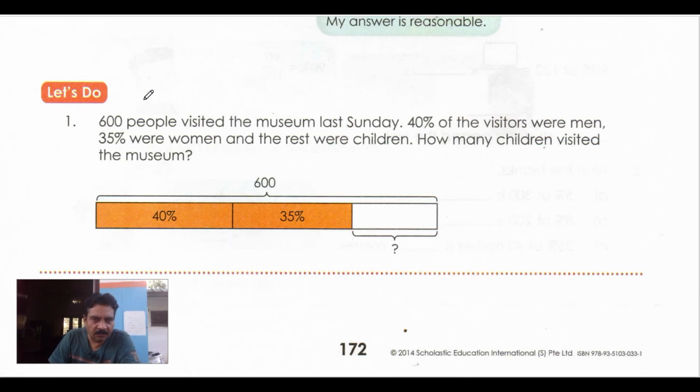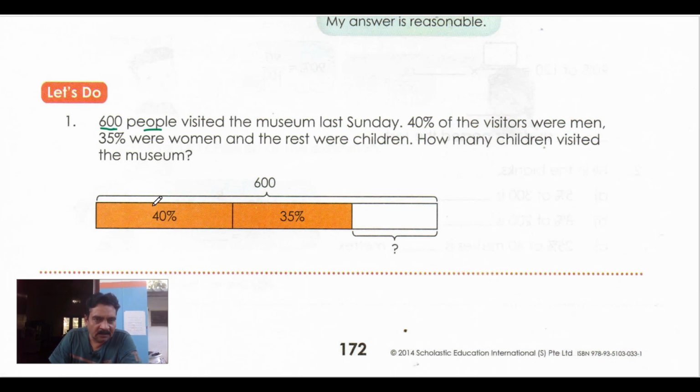Let's do it on page number 172. 600 people visited the museum last Sunday. 40% of the visitors were men, 35% were women, and the rest were children. How many children visited the museum?